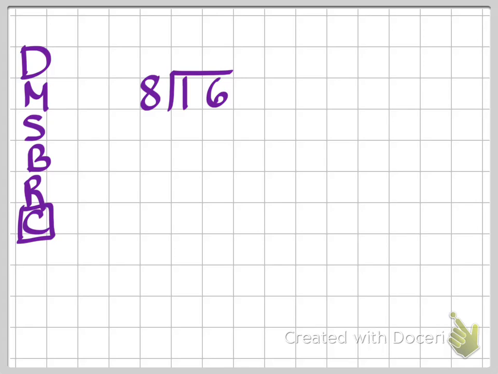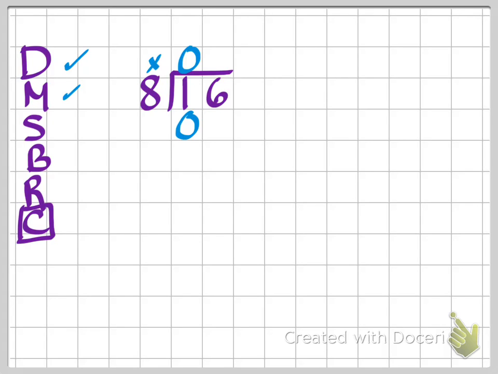Okay, so hopefully you paused me, and now you're back to check your work. The first thing you have to do is divide. You ask yourself, how many times does the 8 go into the 1? Well, here's one tally mark. How many groups of 8 can we make with that? 0. So you put a 0 up top and you just divided. Now you have to multiply. 0 times 8 is 0.